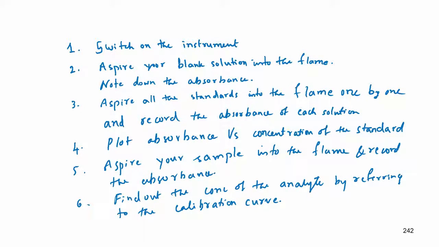Then aspire all the standards and record the absorbance, followed by plotting the absorbance versus concentration of the standard. Finally, you aspire your sample into the flame, record the absorbance, and from the absorbance you calculate the concentration by referring to the calibration curve.